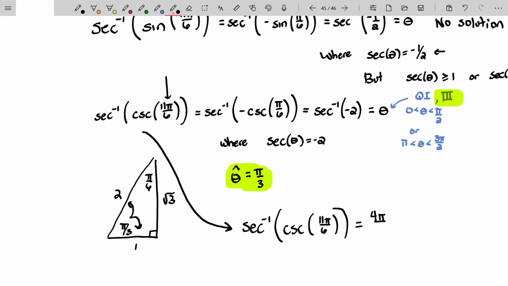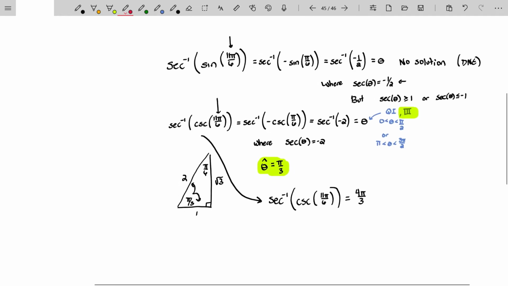That's 4 pi over 3. And by the way, you cannot say that it's negative 2 pi over 3, because that is not in the range of the secant inverse. Secant inverse does not return negative angles. It's 4 pi over 3.